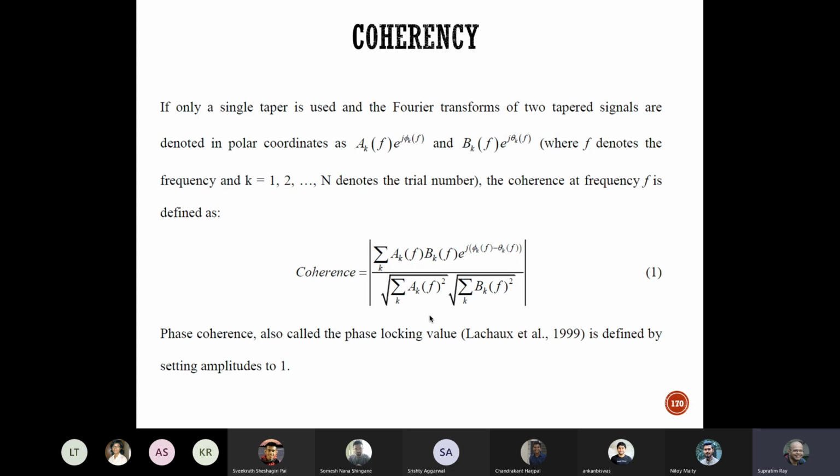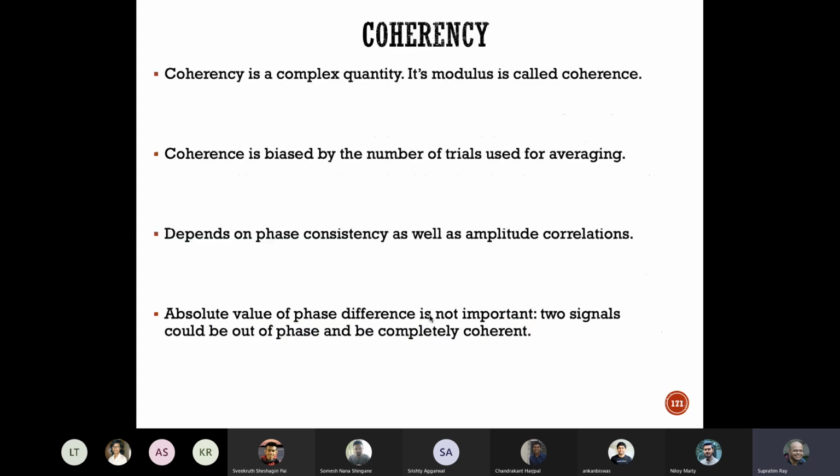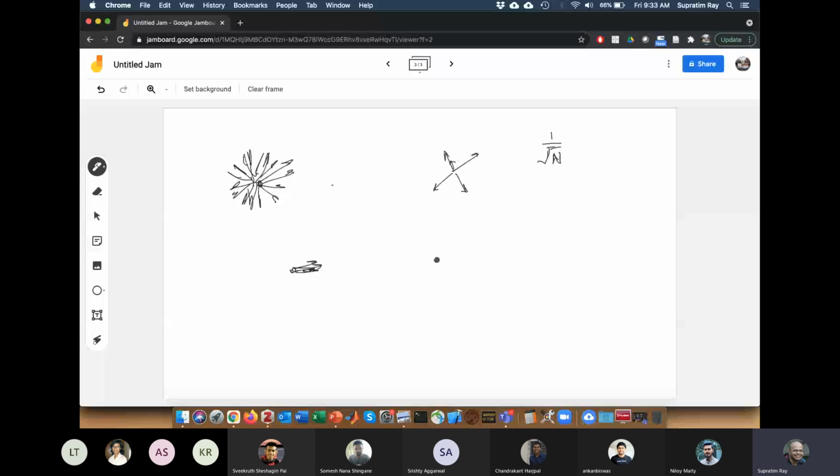Okay, finally, when you talk about coherence, the absolute value of the phase difference is not important. What is important is the phase consistency. It means that whether I get all the vectors pointing in this direction, or in that direction, or in this direction, they will all have the same coherence, close to 1, because they are always phase consistent with each other.